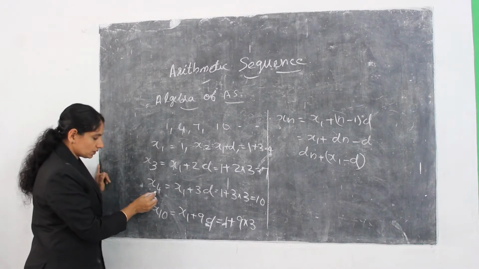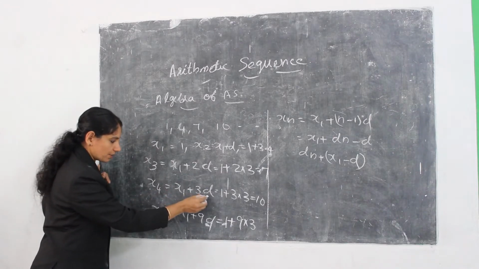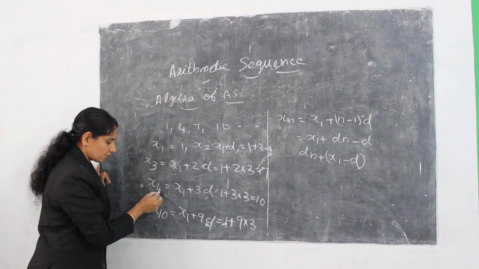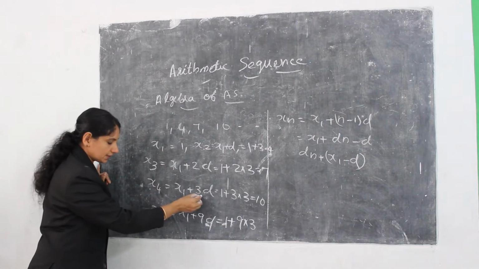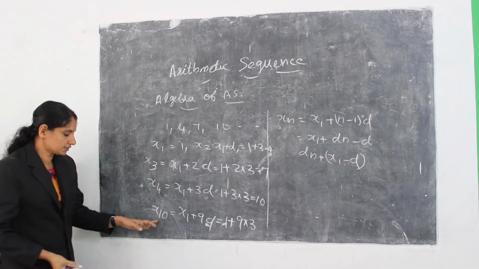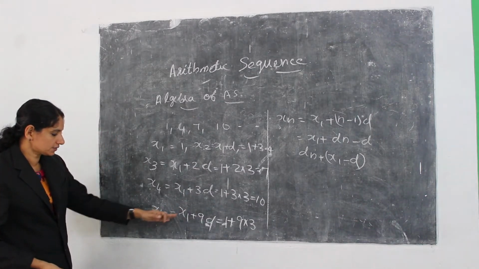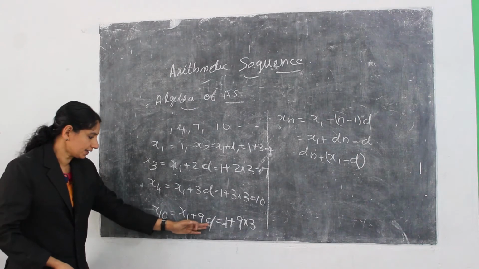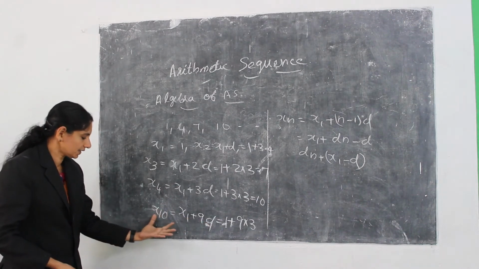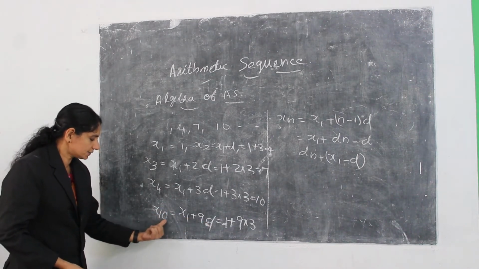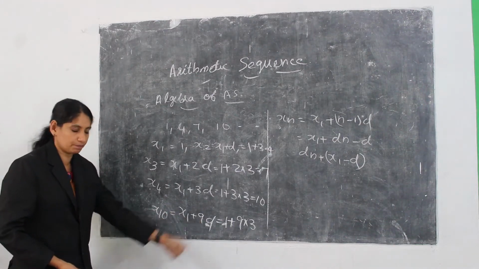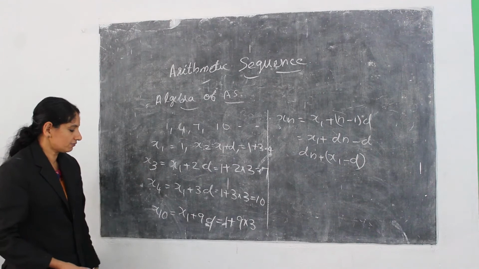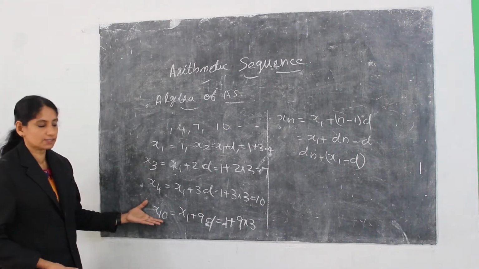In the fourth term we add the common difference 1 less than this 4, that is 3 times. In x10 we add 9 times the common difference, that is 1 less than this position number, 10 minus 1, that is 9. And 9 times the common difference, then we get this x10.